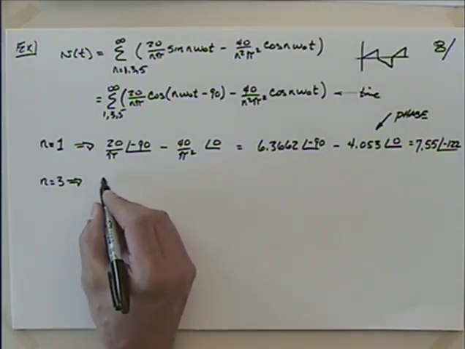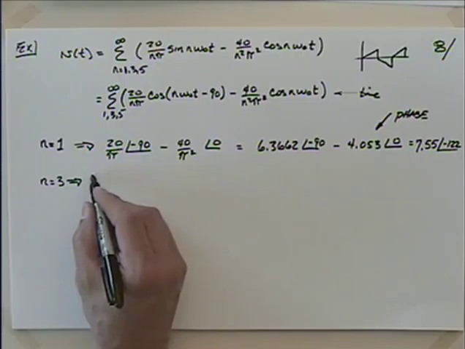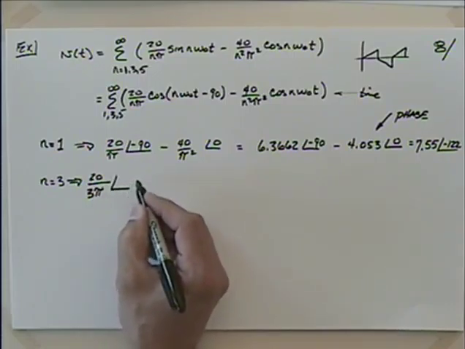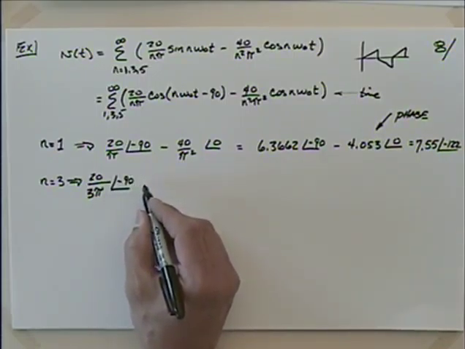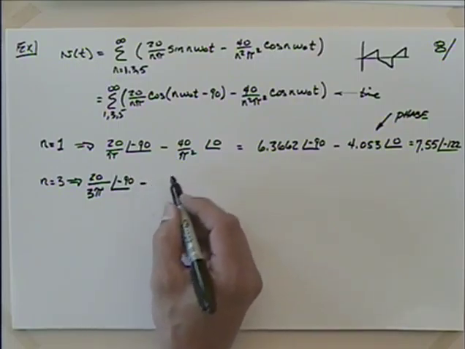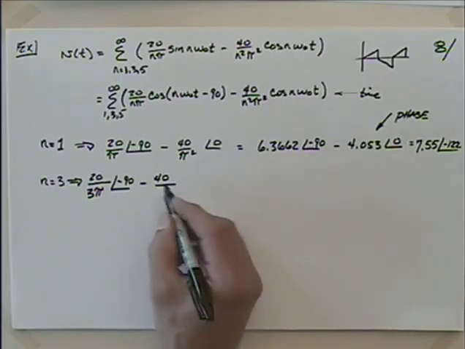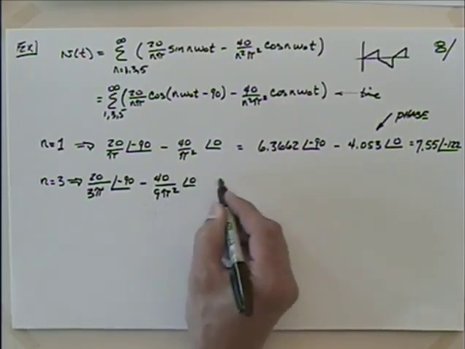When n is equal to 3, I have 20 divided by 3 pi at an angle of minus 90. And then I have to subtract off 40 over 9 pi squared at an angle of 0.